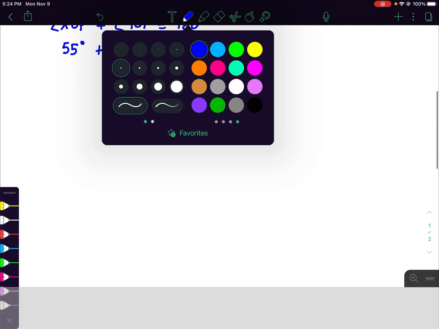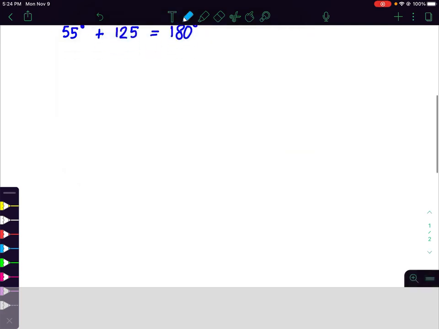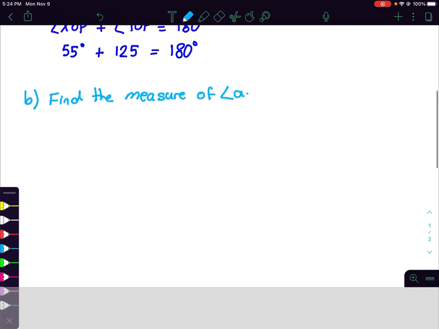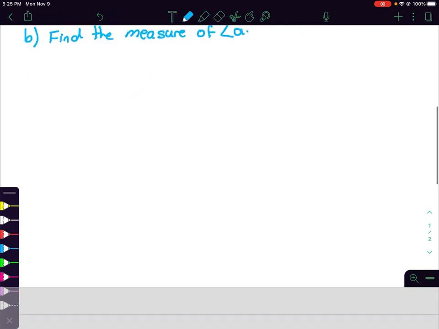Another example that we're going to do, we're going to call it B. It's asking to find the measure of angle A. And in the picture we have one line straight, one line to the left, and one line upward.